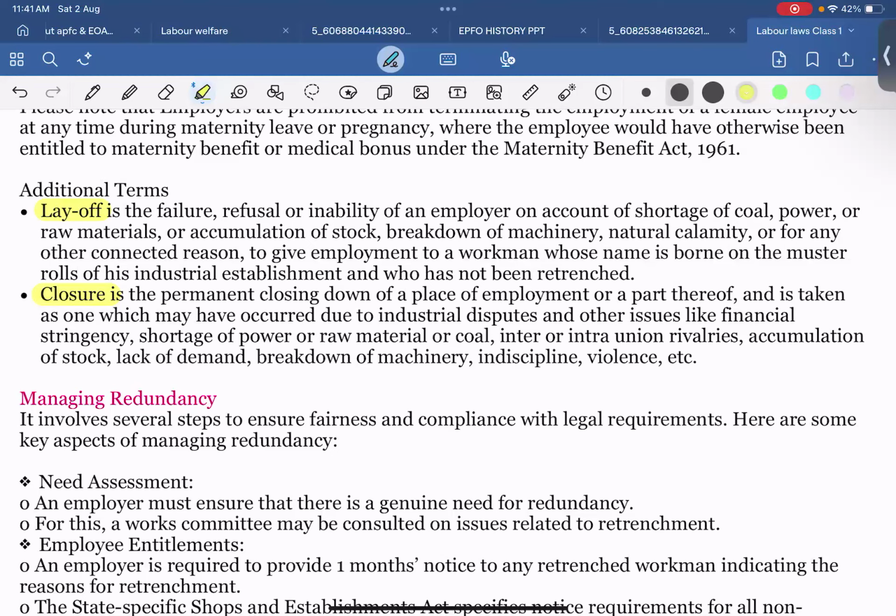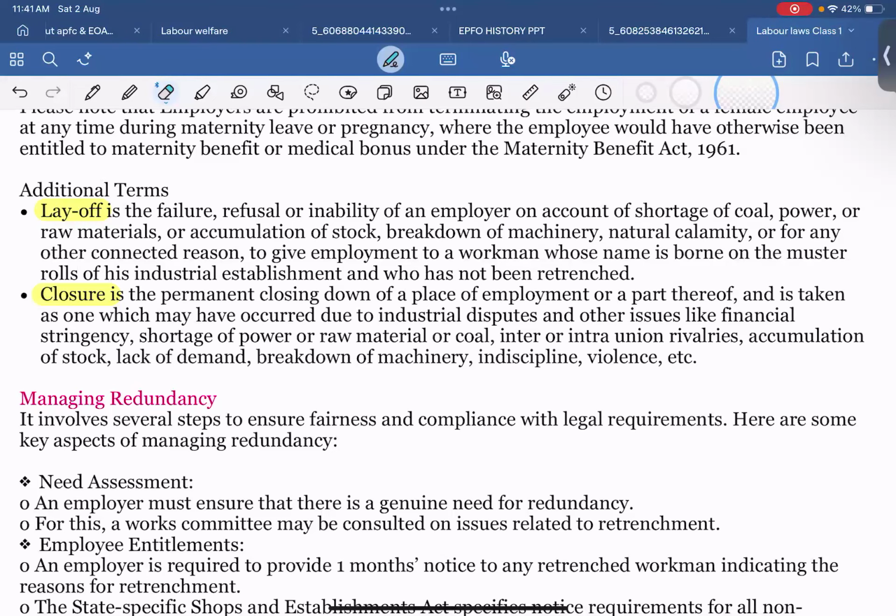Layoff is the failure, refusal, or inability of an employer on account of shortage of coal, power, or raw materials, or accumulation of stock, breakdown of machinery, natural calamity, or any other connected reasons to give employment to a workman whose name is borne on the muster rolls of his industrial establishment and who has not been retrenched.